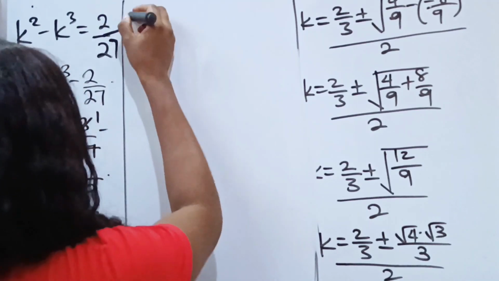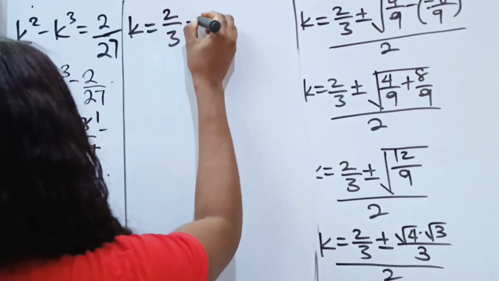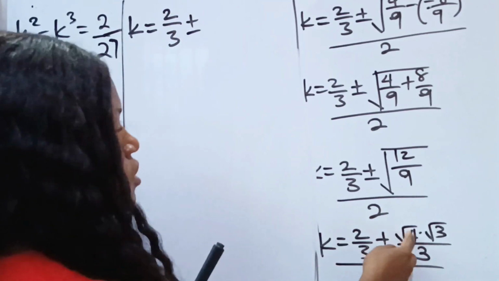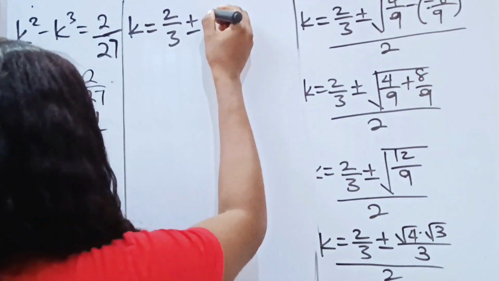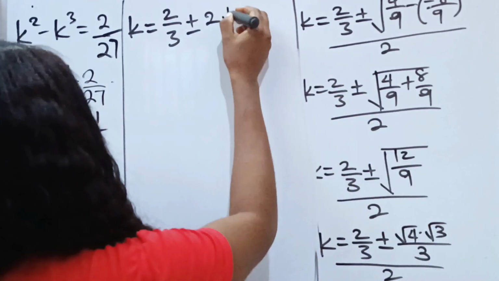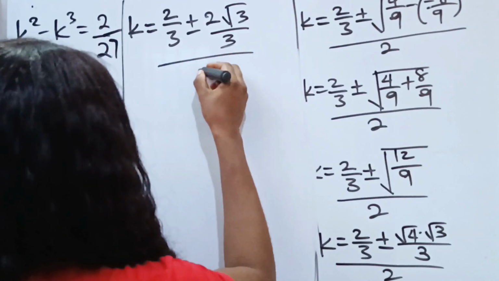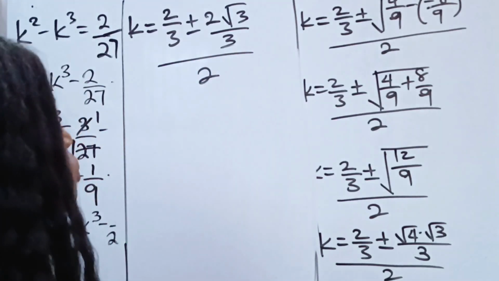Now we have that our k is equal to 2 over 3 plus or minus, now the square root of 4 will give us 2. So we have 2 multiplied by root 3, which is still root 3, divided by 3. Now everything divided by 2.